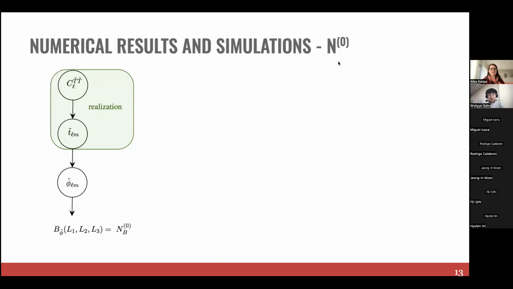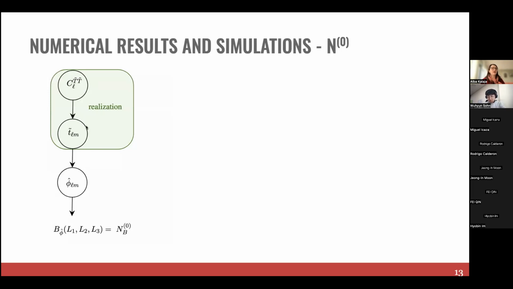So let's take N0. N0 is quite simple as a term because, as I showed you, it really depends on just the temperature anisotropies. It doesn't have an explicit dependence on the lensing potential. And so what you can do here is take the lensed CMB power spectrum and draw a realization from it to build a map.